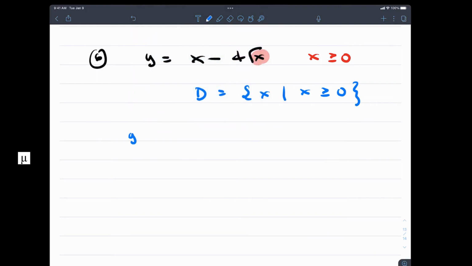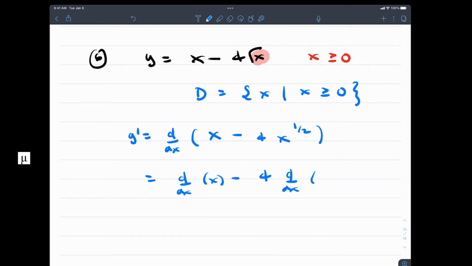So y prime is d/dx of x minus 4 x to the 1/2. And remember, what did I say about this derivative? Doesn't that always show up?